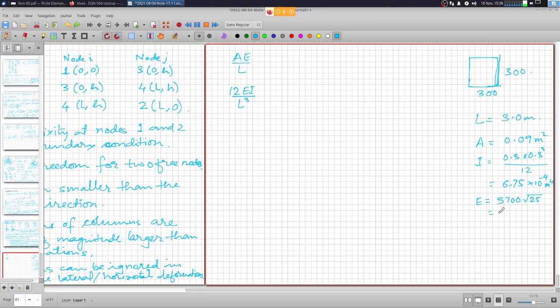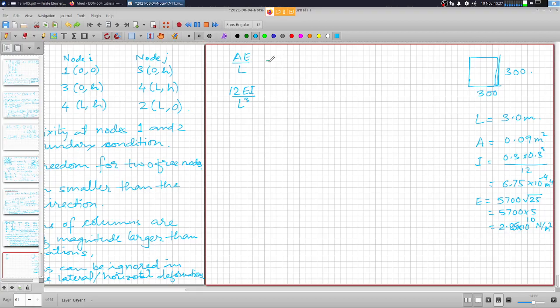So that gives us 5700 multiplied by 5, which is 28500, that would be 2850 in MPa, and if I convert it to Pascal, that is Newton per square meter, that would be 2.85 multiplied by 10 to the power 10 Newton per meter square.